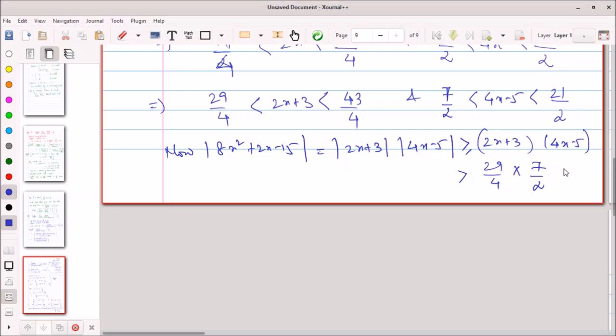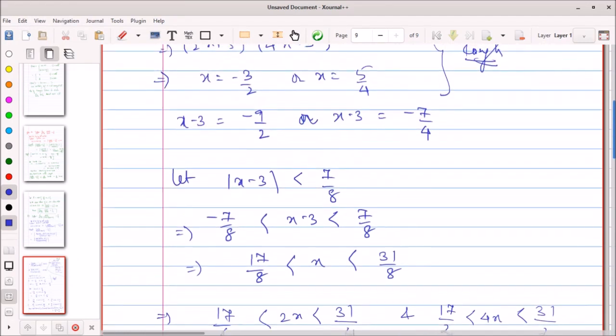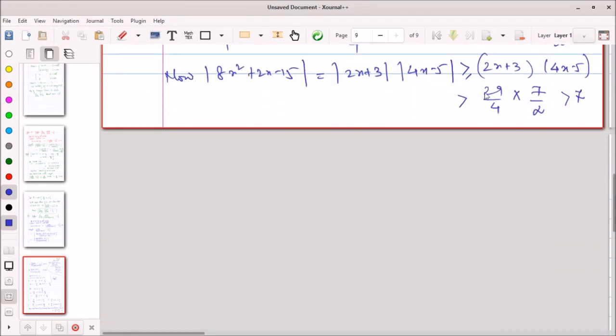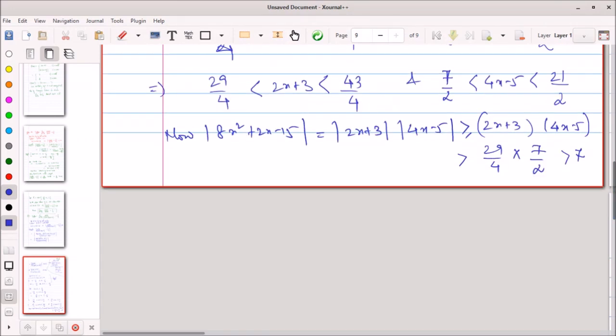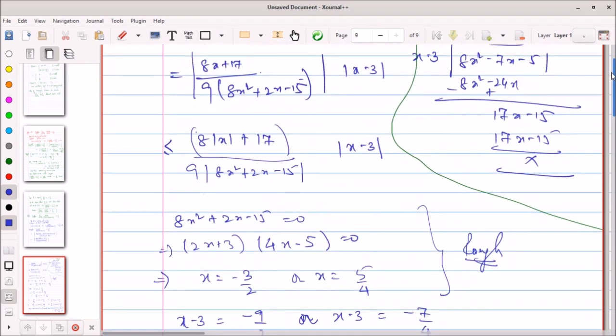So this number is strictly greater than 7, so I can use 7 here. No need to solve this completely, so we can take this to be greater than 7. This is greater than 7, so we can put 7 there in our star. Where is the star? So this is the star, so I can use 7 here.